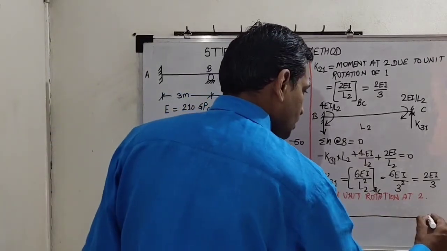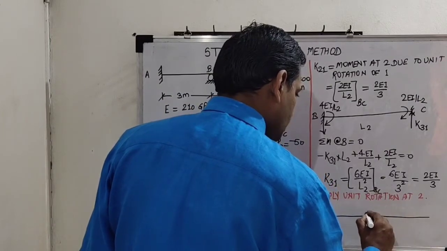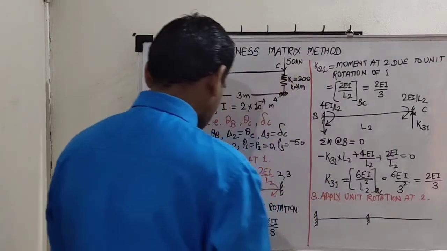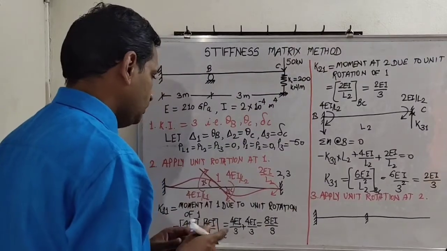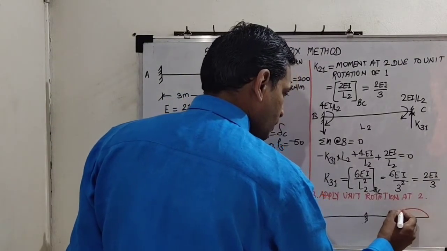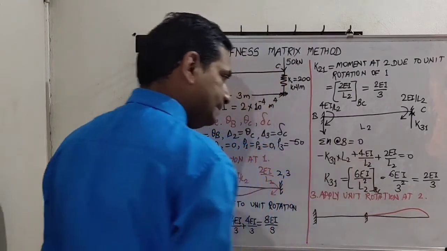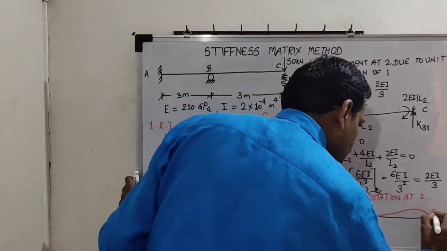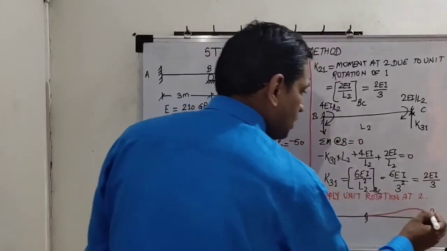And apply unit rotation here. So this is location 2 here. Deformed shape will be something like this. Okay. So this is 2 here.